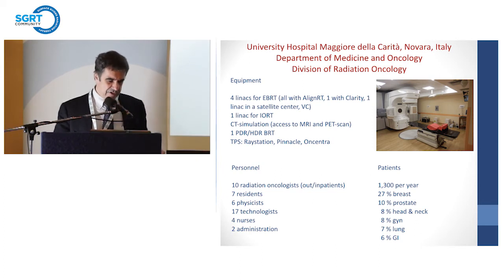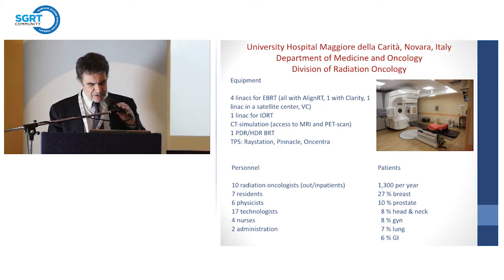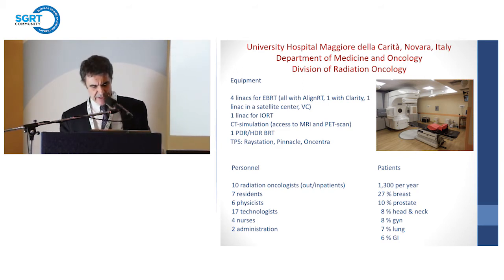We are 10 radiation oncologists. It is a relatively small academic center, so we also have residents in radiation oncology. We have physicists, 17 technologists working on the Linacs and also on the simulation, nurses, and administration. This is roughly the number of patients we treat per year.